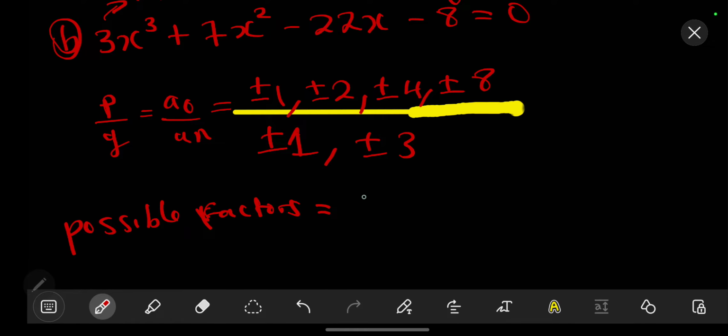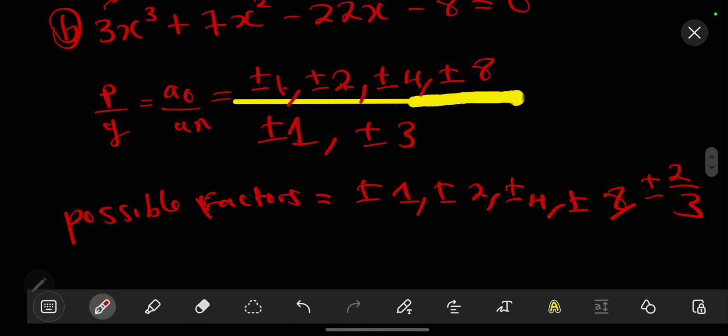So the possible factors should be plus or minus 1, plus or minus 2, plus or minus 4, plus or minus 8. Then we continue. 1 divided by 1 is still 1. Then you have 2 divided by 3, because dividing by 1 doesn't change anything. So another possible value is plus or minus 2 over 3.